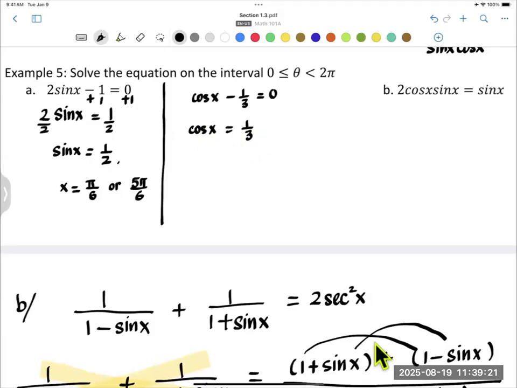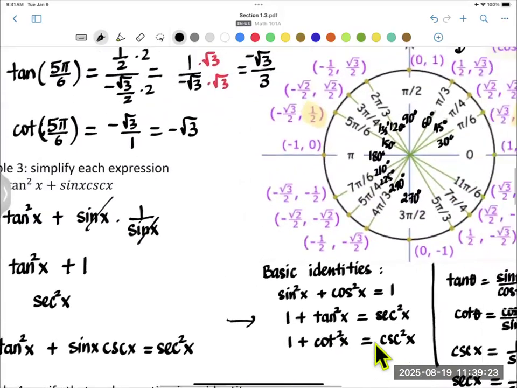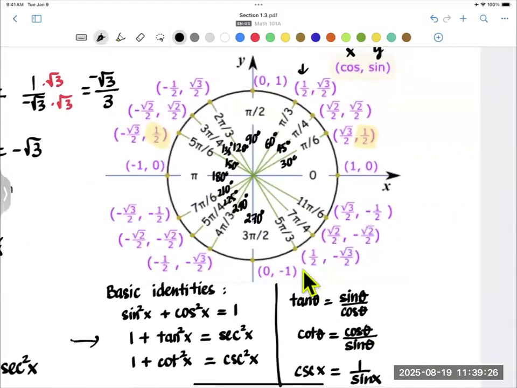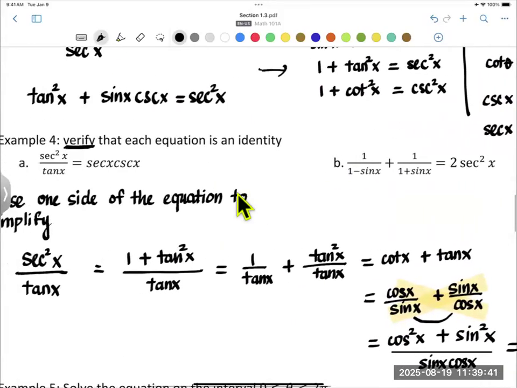But 1/3 is not a value on the unit circle. On your unit circle, you only have 1/2, √3 over 2, 0 or 1, or √2 over 2. These are all the values that appear on the unit circle, but 1/3 is not on there.